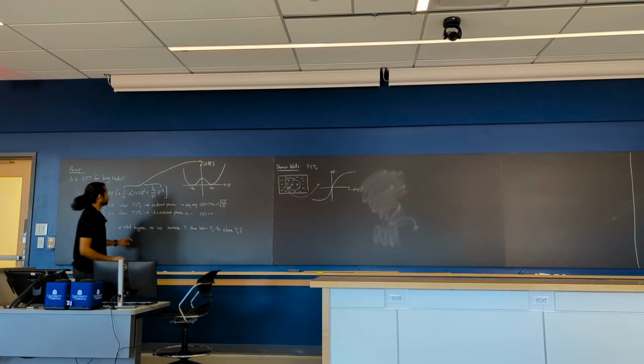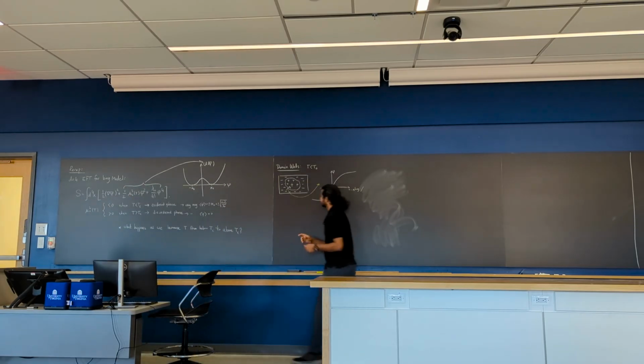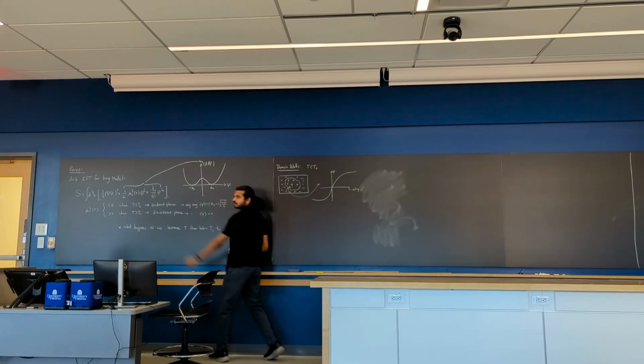The domain wall solution is not quite a solution in the sense that it's not the minimum action configuration. The minimum action configuration we last time found to be just everything in this minimum, or everything in that minimum.